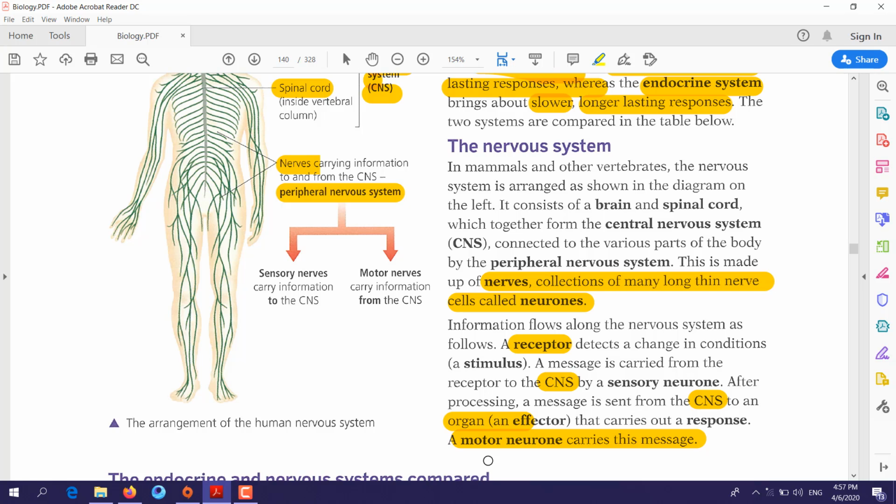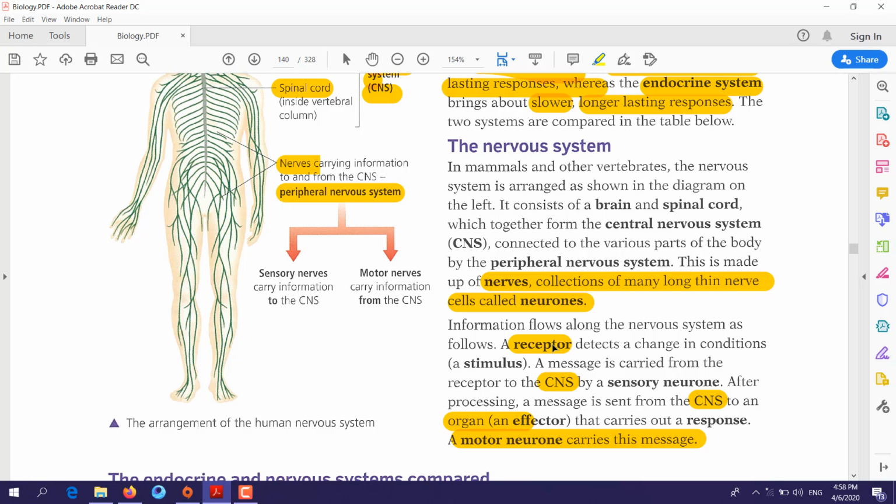If you want to explain it in simple words, how does it happen? Firstly, let's say you touched something hot with your finger. Now your finger works like a receptor. In your skin, you have some nerves. These nerves detect that something abnormal is happening.